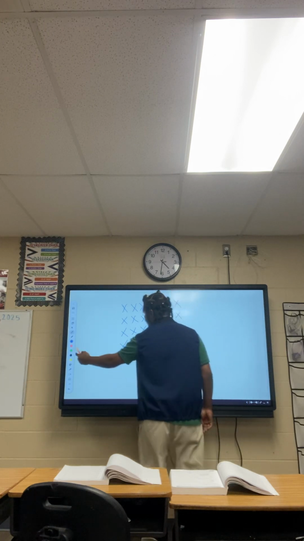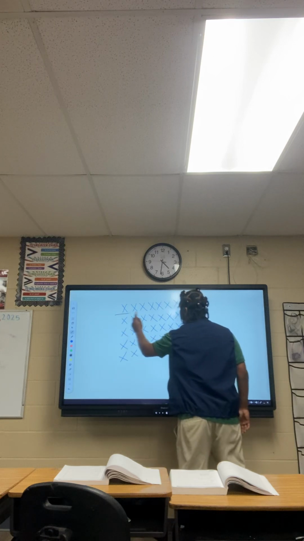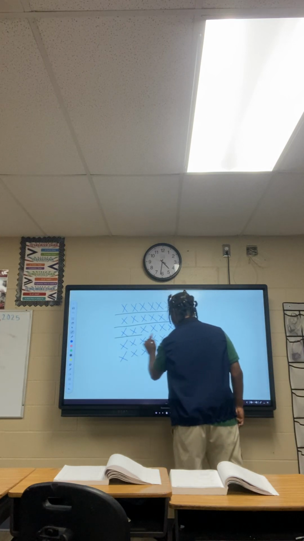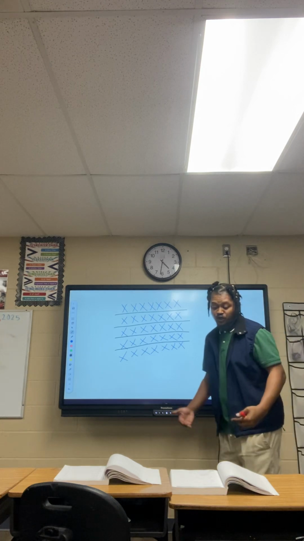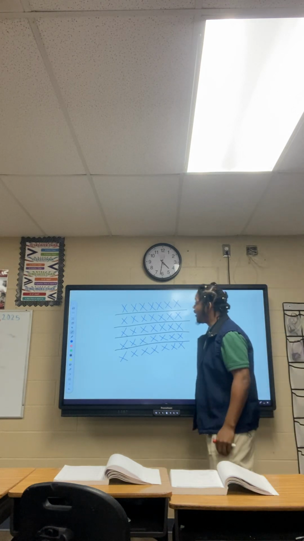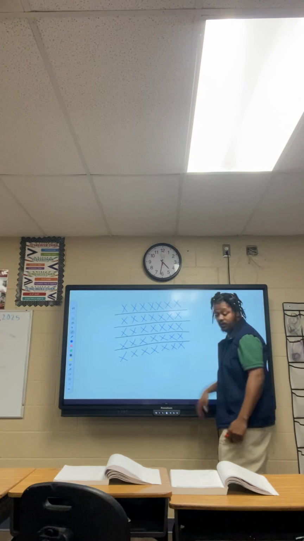Now we can separate these groups. With the first demonstration, I already showed you that 1/5 of 35 was 7.